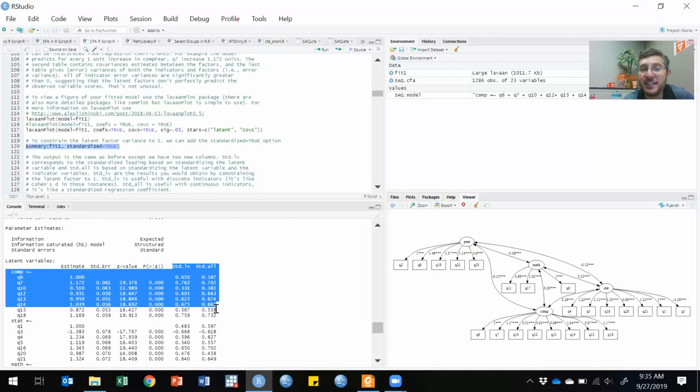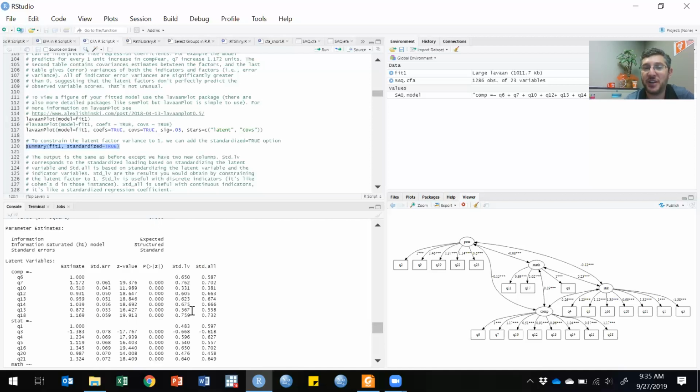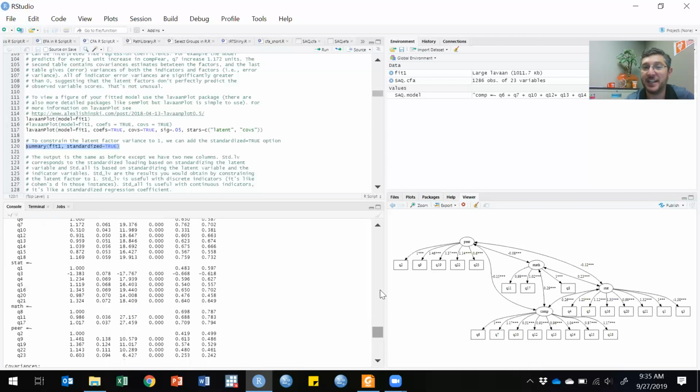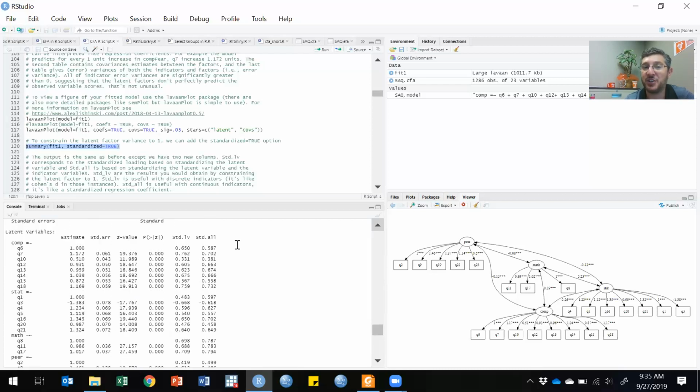So the factor loadings in these two columns, you can interpret similar to factor loadings in EFAs. Now, if one of these factor loadings were greater than 1, we'd say, whoa, what's going on? That's indicating that there's what they call a Heywood case. There's a problem in the analysis. So we'd interpret these in a similar manner.